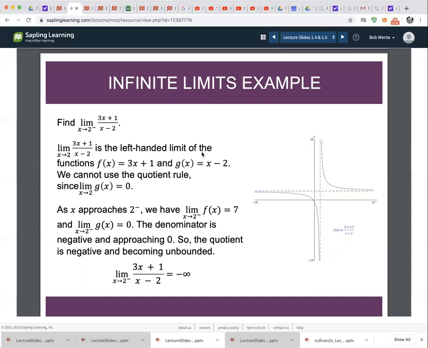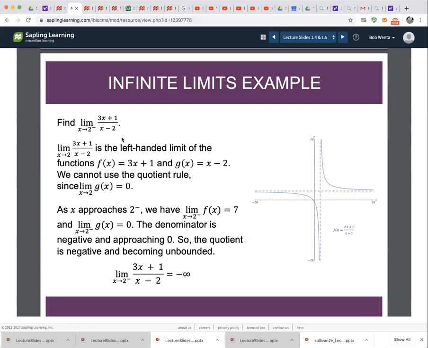Notice on top, if you plug 2 in, you get positive 7. That's not the issue. You come towards 2 from the left: at 0, you get negative 2; at 1, you get negative 1. Anything smaller than 2, the answer is going to be negative when you subtract 2. Positive on top divided by a negative, the answer is going to be negative.